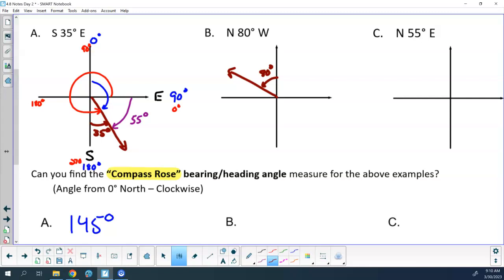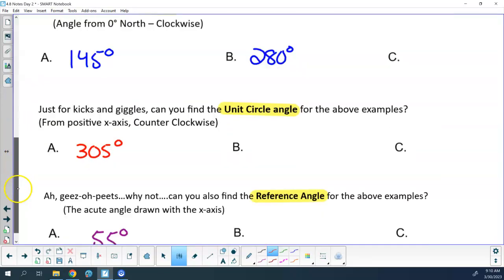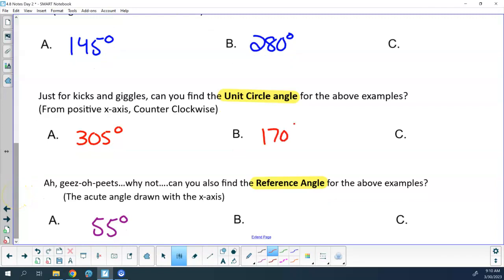What would my compass rose angle measure be? 280. What would my trig angle be? 170. And what would my reference angle be?